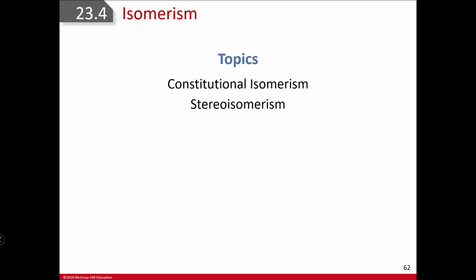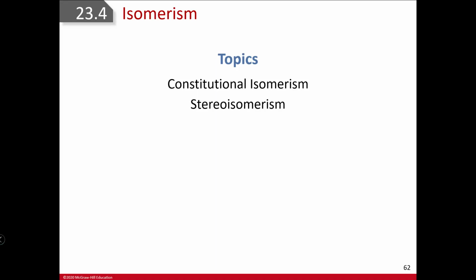And then we've talked about different types of representations of those compounds, whether it's molecular formula, structural formula, condensed structural formula, ball and stick model, or the line bond model.